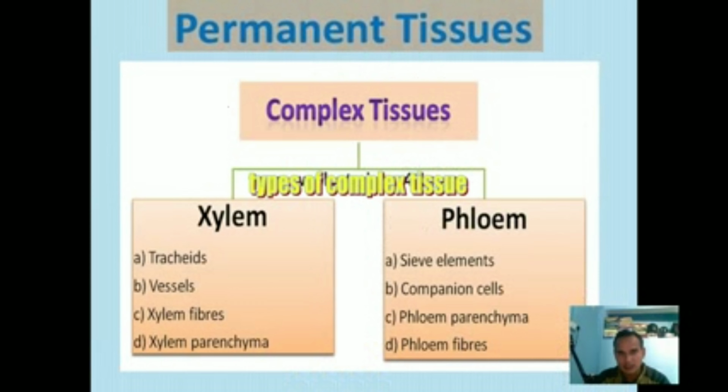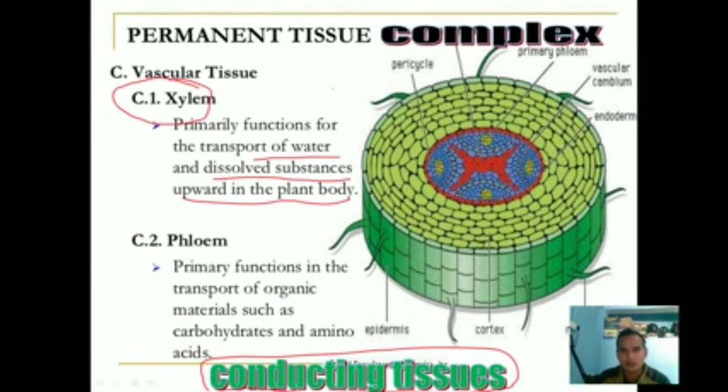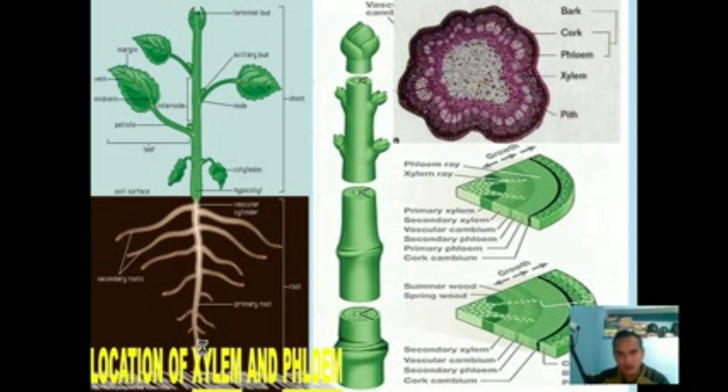Now look at the other tissue, the phloem. Phloem transports organic materials such as carbohydrates and amino acids. Amino acids are the simplest form of protein. These different materials are produced where? In the plant.